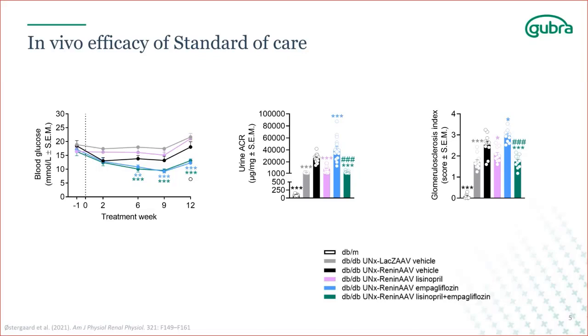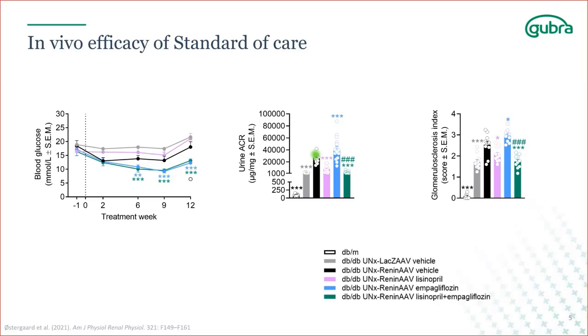And as you can see here on the graph on the left-hand side, looking at the 2 bottom graphs, which are the groups dosed with empagliflozin and the combination treatment, you see that we saw a really nice blood glucose lowering effect of empagliflozin in both of these groups. And also looking at albuminuria, especially the green bar compared to the black bar.